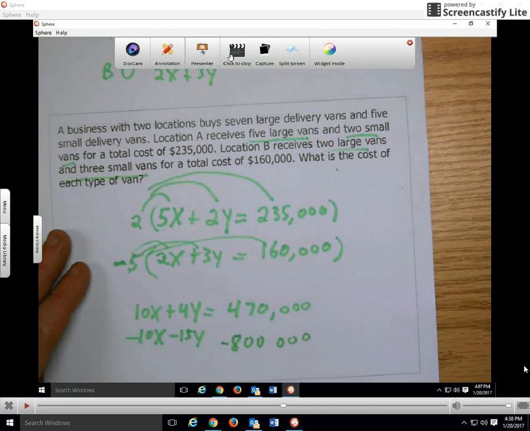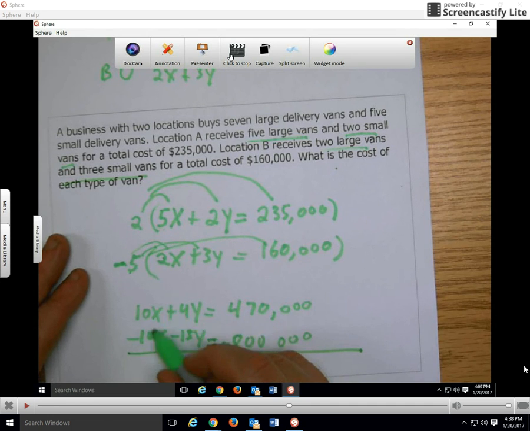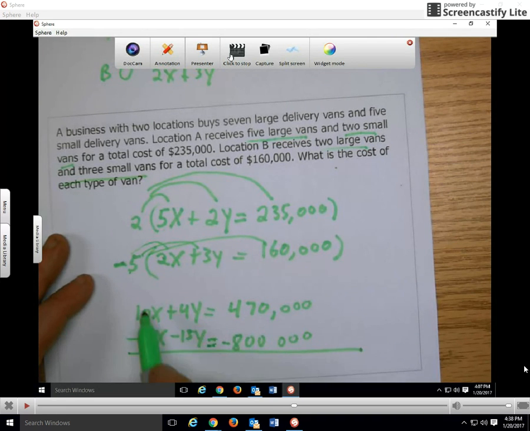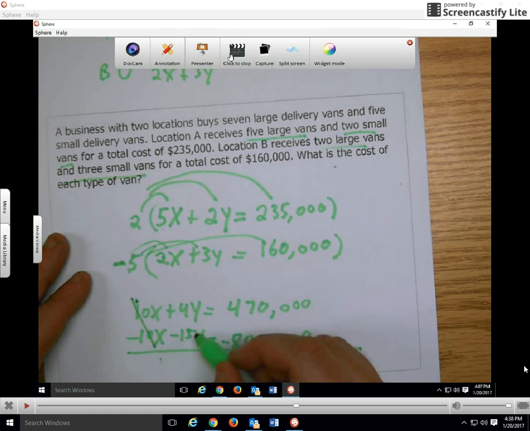Yeah. And so now we have two equations that have opposite variable coefficients. So we can just add straight down. These eliminate. 10 take away 10 is 0. 4 take away 15, negative 11.